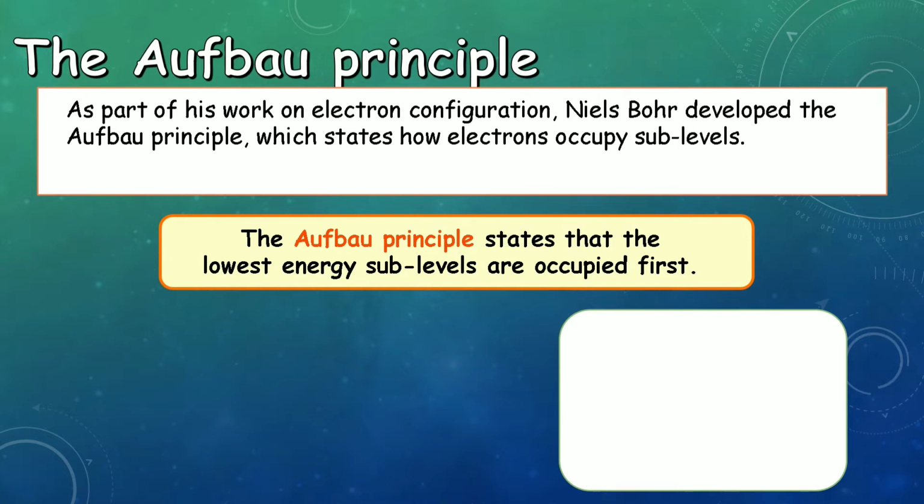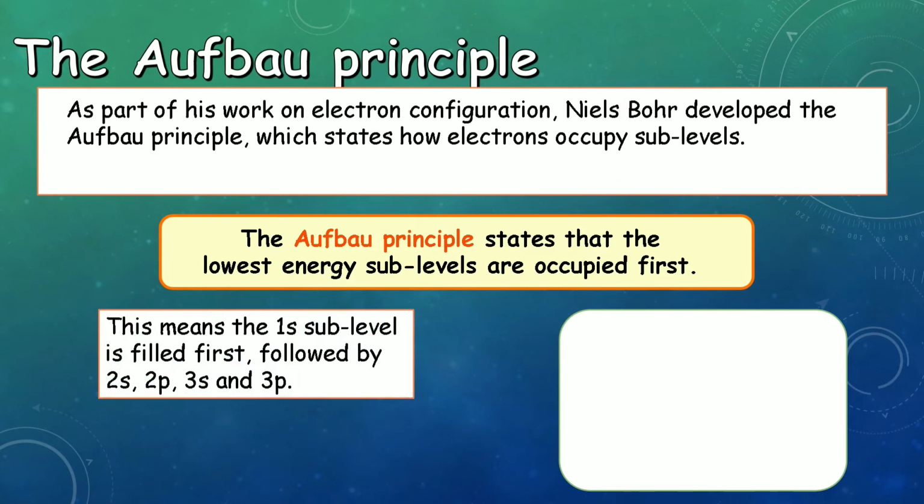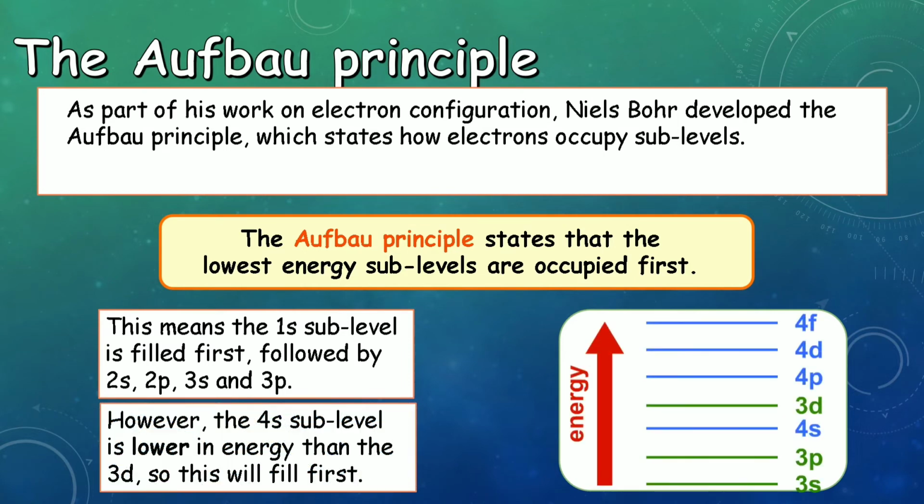They are the ones that get occupied first, the ones at the very bottom first. This means the 1s sublevel is filled first, followed by 2s, 2p, 3s, 3p, and so on. However, in our chart here, the 4s sublevel is lower in energy than the 3d. So, this will fill first.